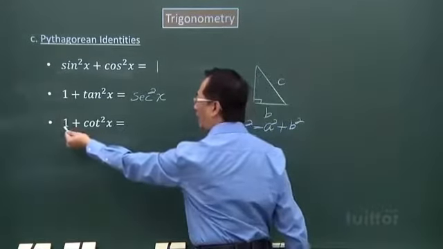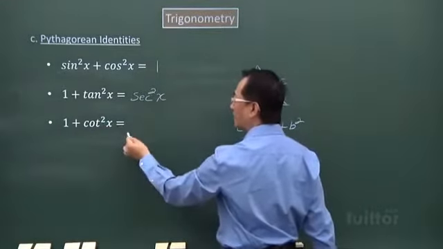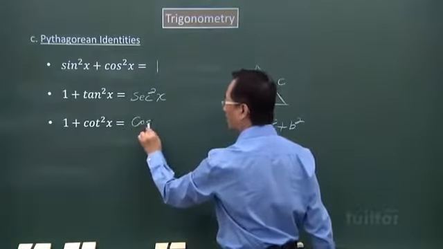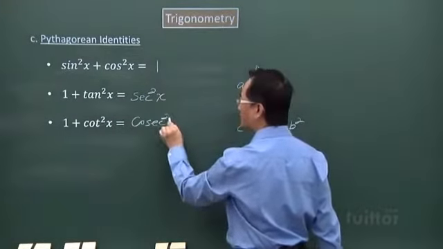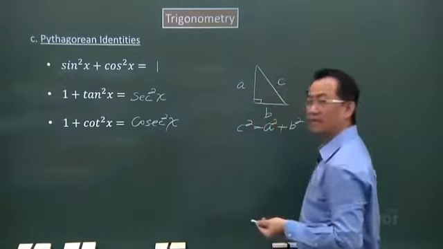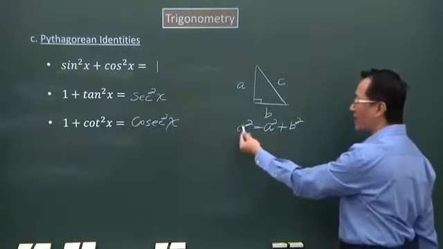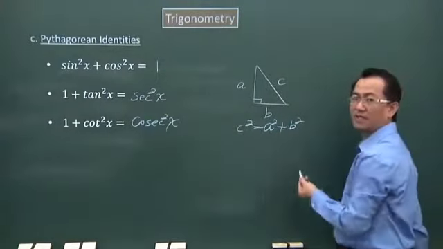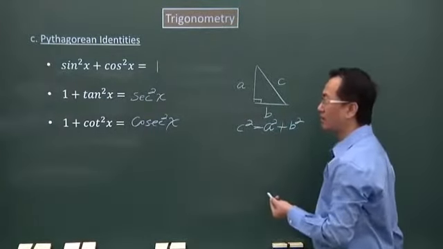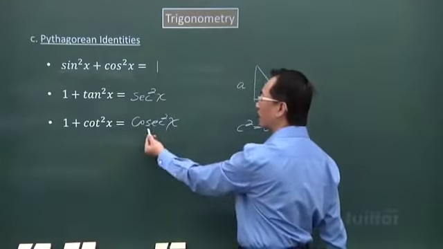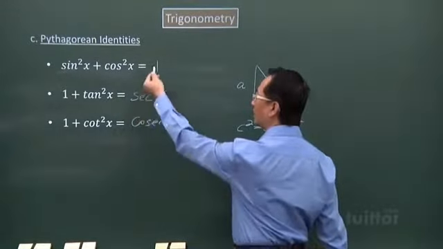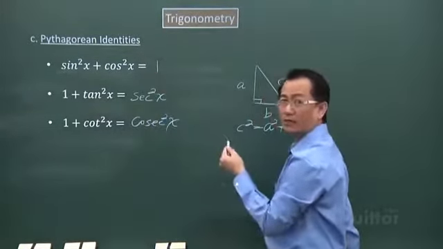And when you have 1 plus cotangent squared x, then you will have cosecant squared x. Now, if you look carefully at this again, every single term is squared. So you get cosecant squared, you get secant squared, you get actually 1 squared, which gives you 1.